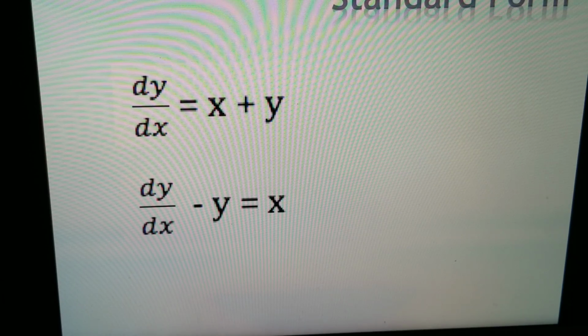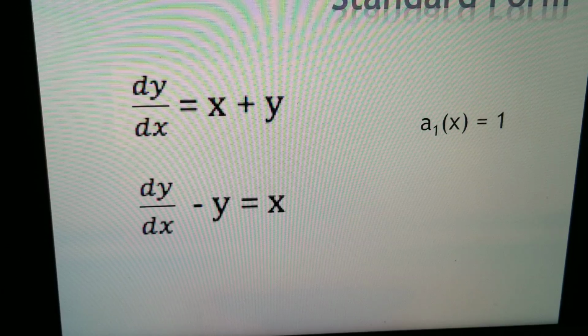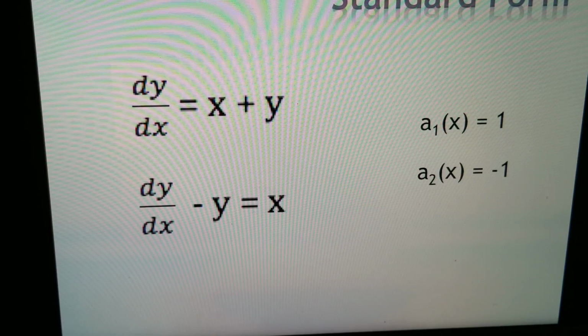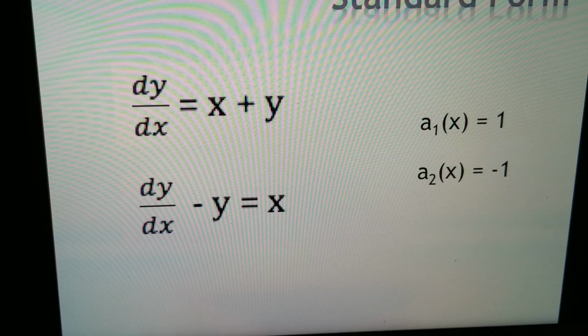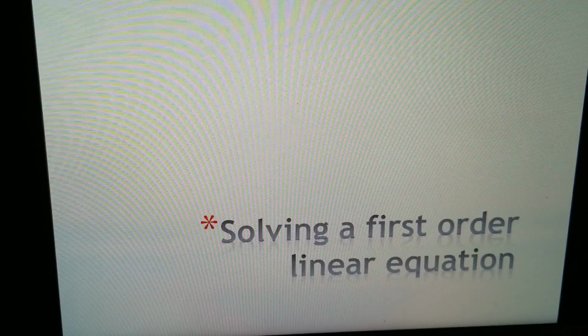But what about our terms a1 of x and a naught of x? Well, those are just the coefficients of each of the terms on the left-hand side of the equal sign. So dy/dx acts as our a1 of x, and then negative y acts as our a naught of x, which is negative 1, leaving our external function f of x.